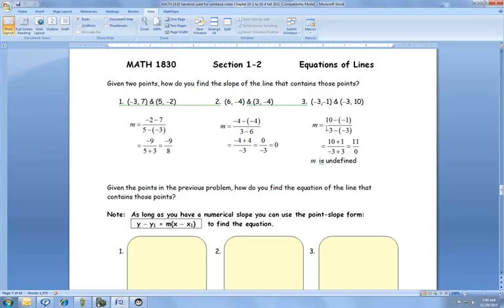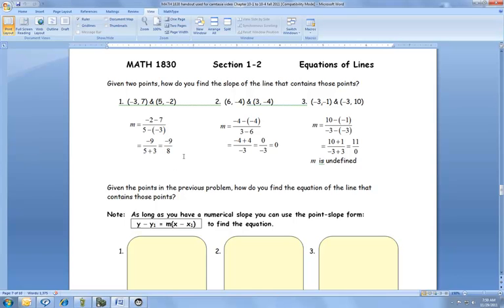And we have to know how to find the equations of all 3 of these types. Out of, say, 20 problems, 18 of them would be similar to problem number 1, where I actually have a numerical slope. One problem I'd have a slope of 0, one problem I'd have a slope that's undefined.